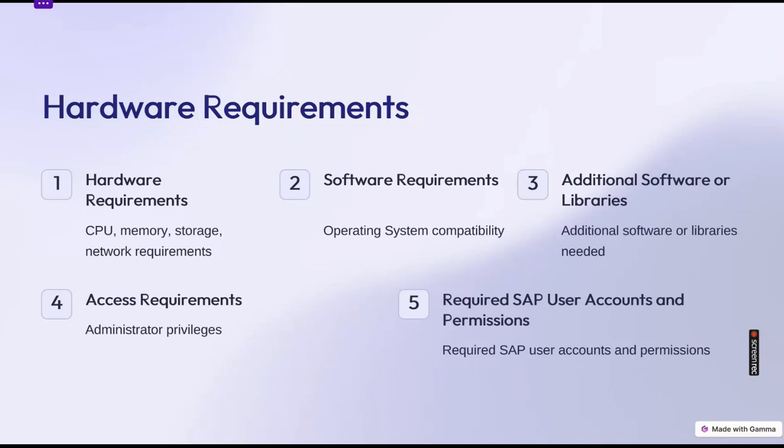Same with access requirements: we should have administration access, meaning all the access. Last one is the required SAP user account and permissions, meaning SAP HANA installation needs an SAP user account and the right permissions.